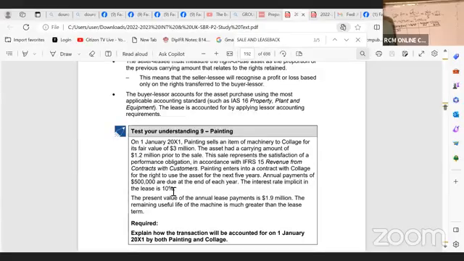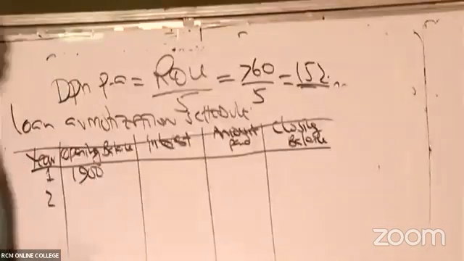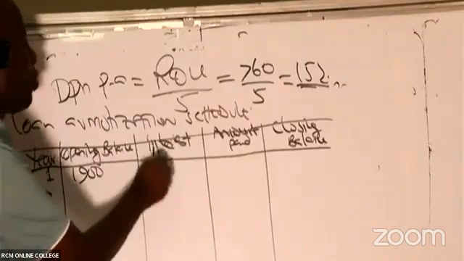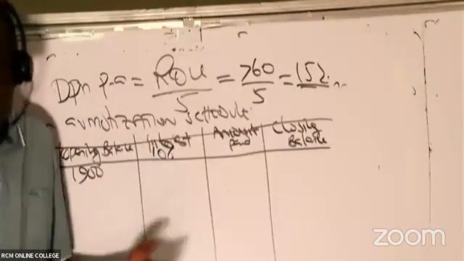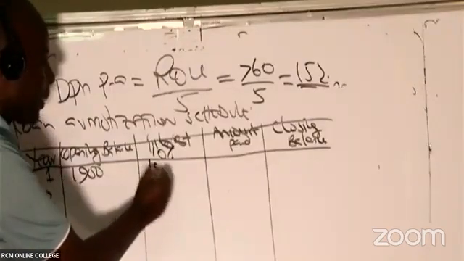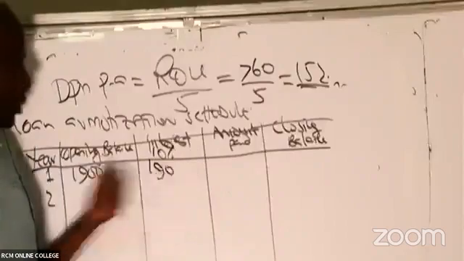So you can see, ladies and gentlemen, that the interest rate implicit is 10%. So 10% is the rate of interest. Could you kindly have this amount earning the 10%? So the interest amount here will be 190, which is 10% of 1900.